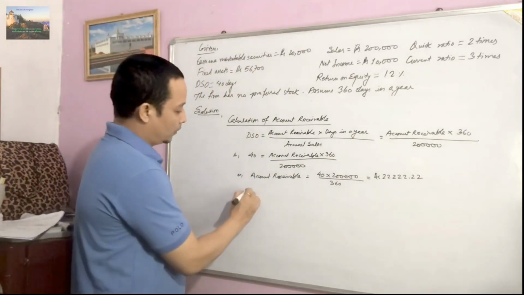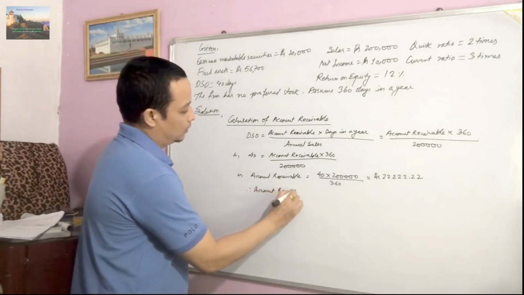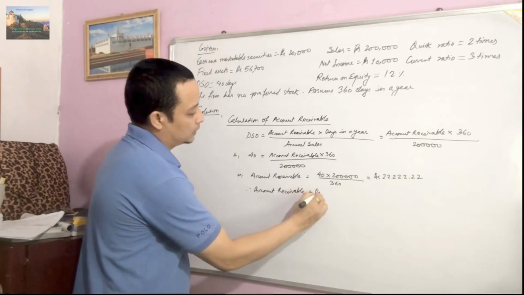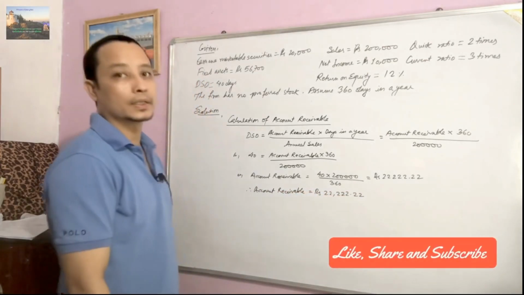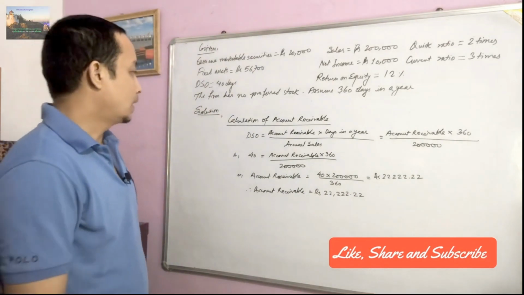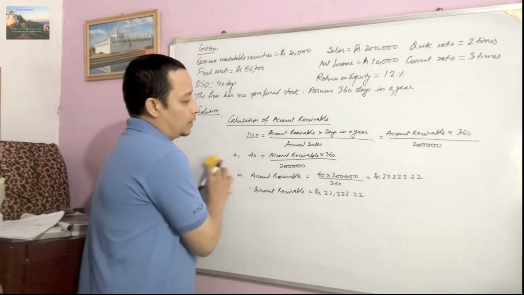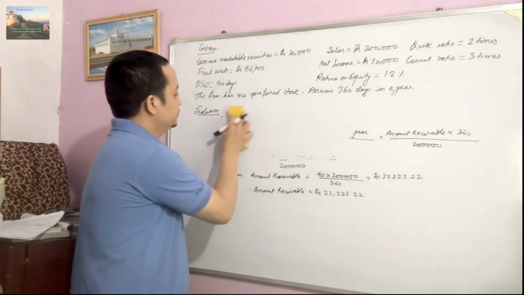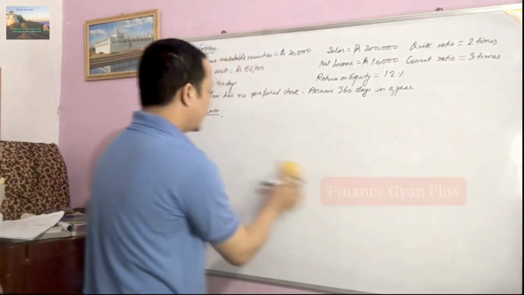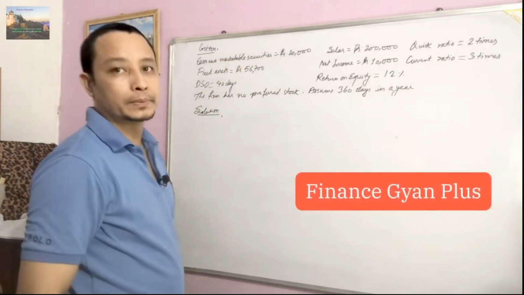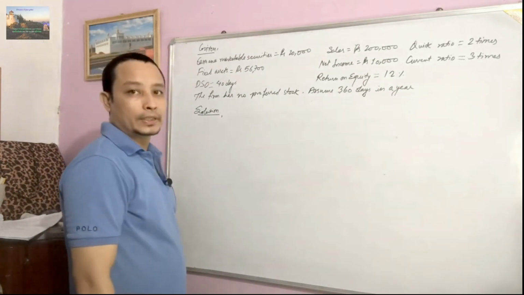Therefore account receivable equals to rupees 22,222.22 paisa. Now after finding account receivable, you can find current liabilities by using quick ratio.